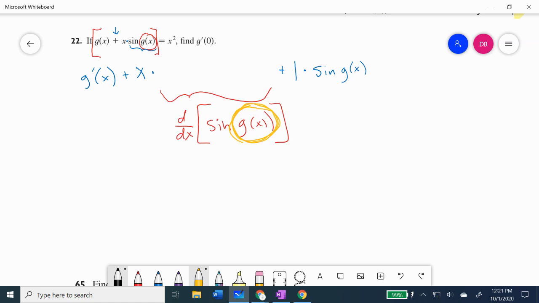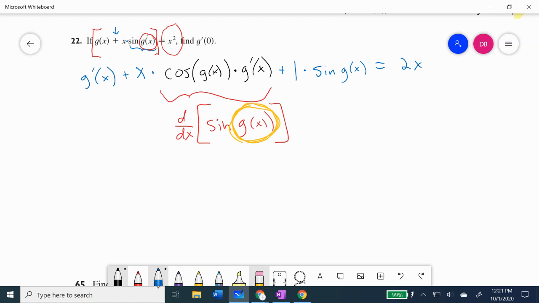When I take the derivative of sine of blah, I get cosine of blah. So cosine of blah. Shove baby in, multiply by derivative of baby. That's the left side. On the right side, I have x squared. Taking the derivative of x squared with respect to x, I got 2x.